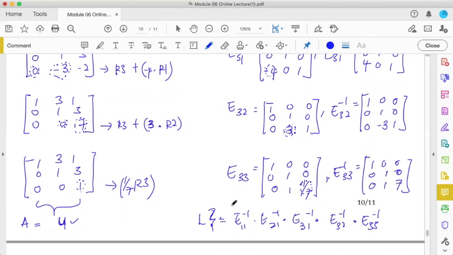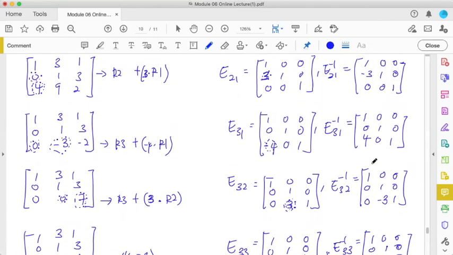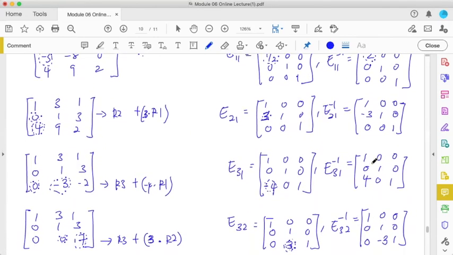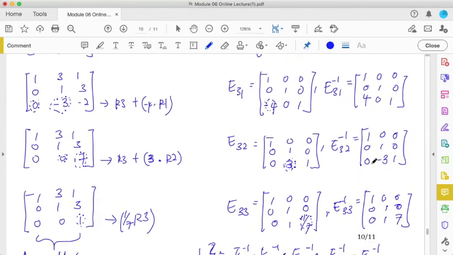So your L here is the product of all these inverse elementary matrices. If you multiply that, you will get, let me write it here.